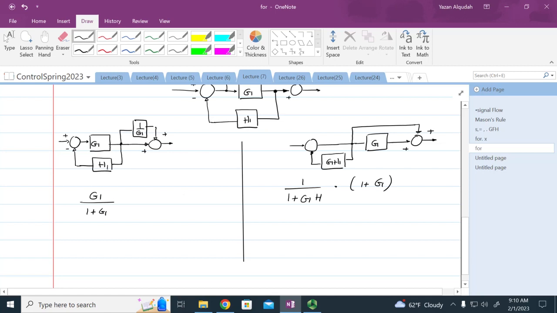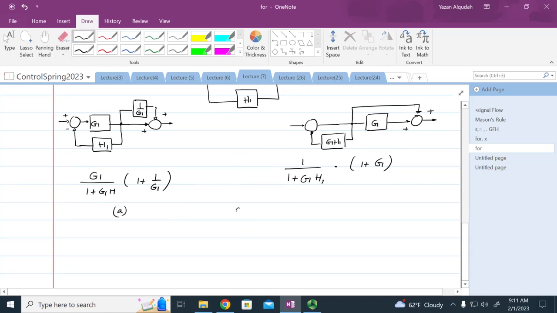This is H1 multiplied by 1 plus 1 over G1. G1 with G1 is going to cancel. We're going to get 1 plus G1. Okay, so let's do the signal flow.